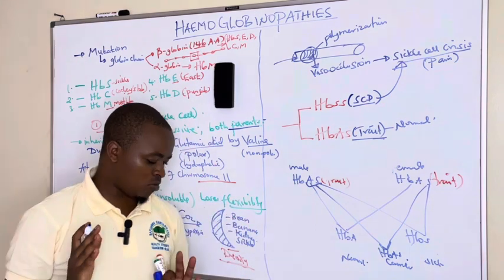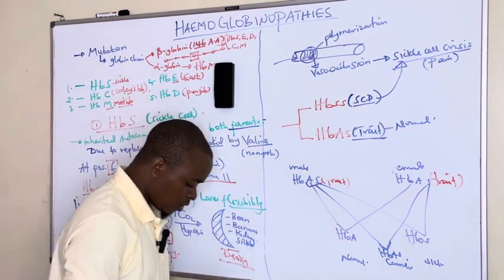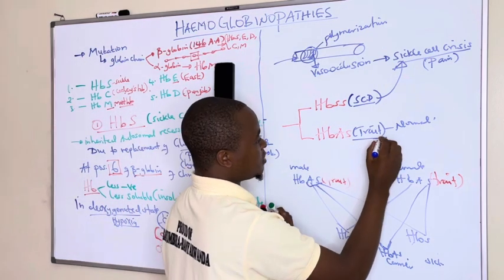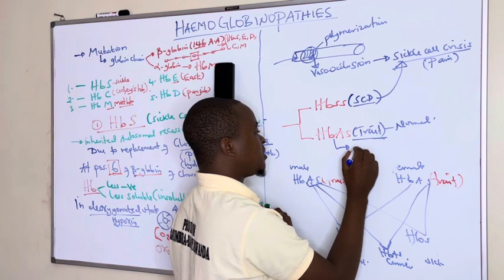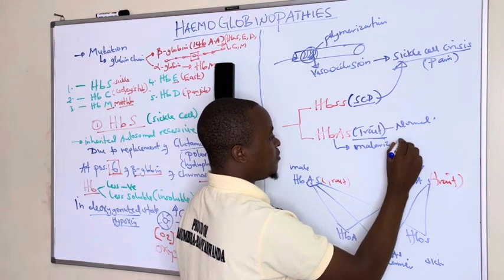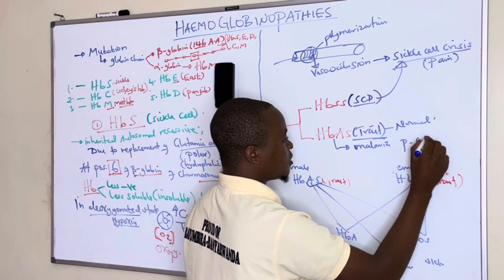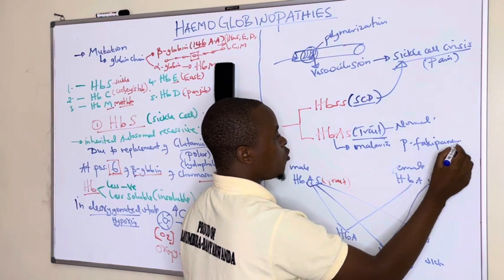Phenotypically, they are normal. And because they are normal phenotypically, we are going to see that these people with the sickle cell trait are resistant to malaria, especially malaria caused by P. falciparum. Why?